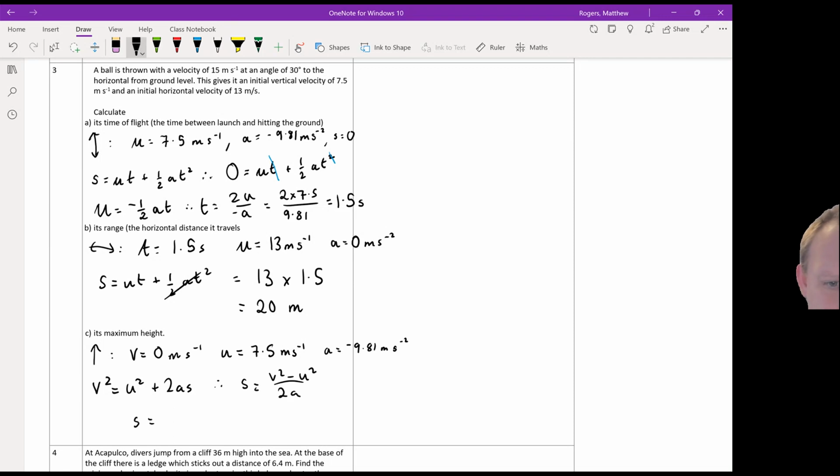In this particular case, v squared is 0, so we've got minus 7.5 squared divided by 2 times minus 9.81, which is 2.86, so 2.9 meters.